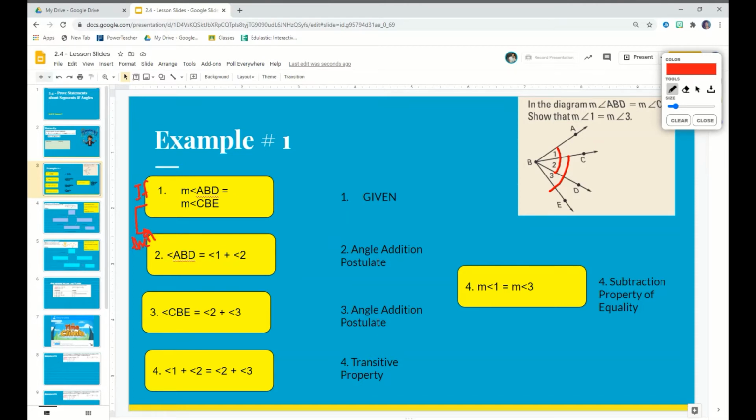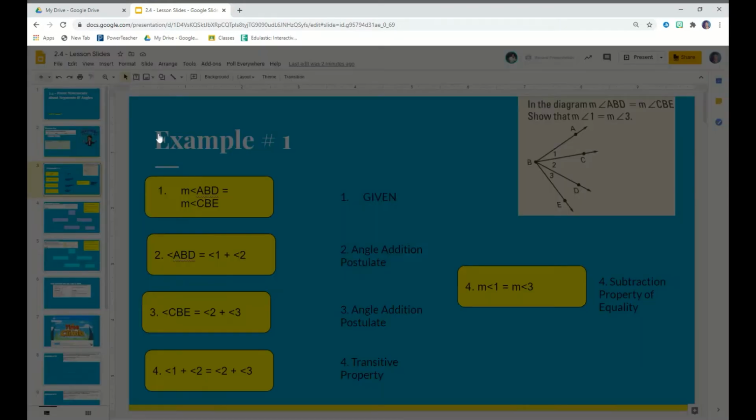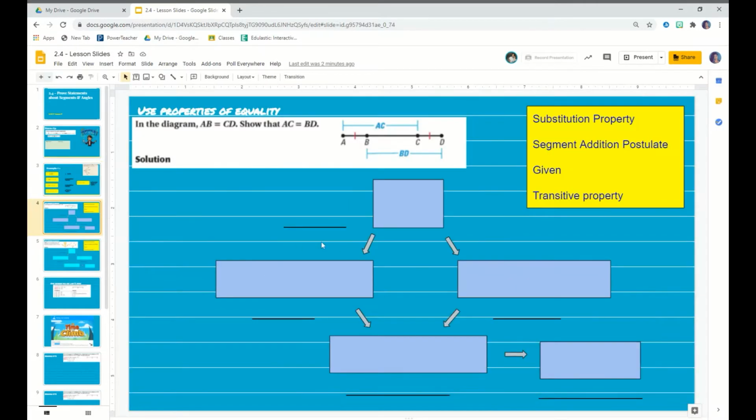I can use it twice to write these statements, and I know AB is equal to CD. So I'm going to substitute here and say AC is equal to CD plus BC, and I'm not going to change the second statement. BD is equal to BC plus CD, all right? So by substituting, this is the substitution property.